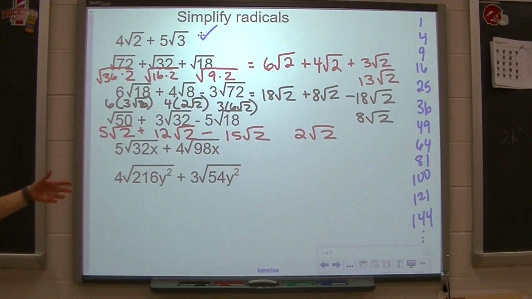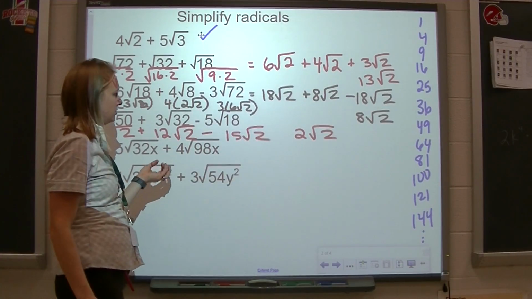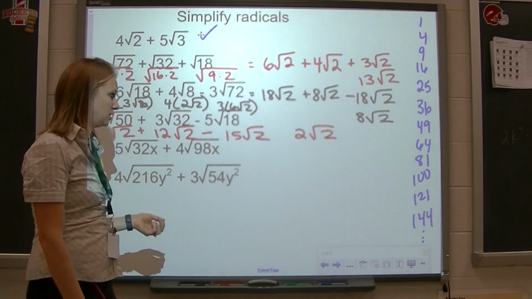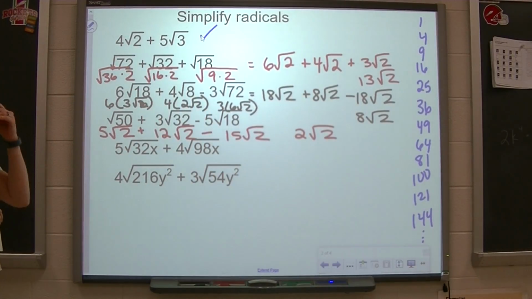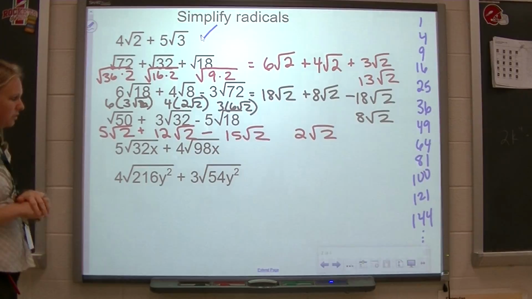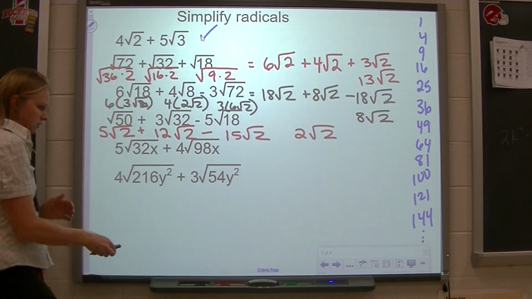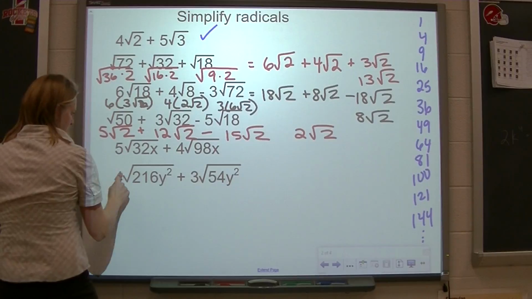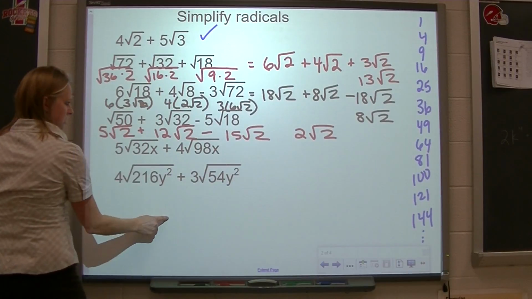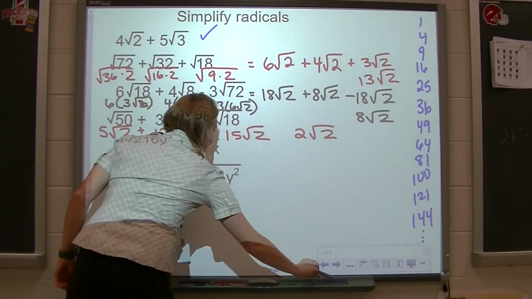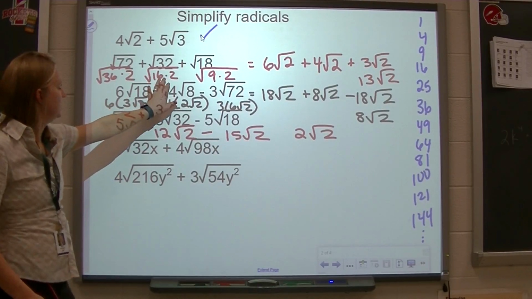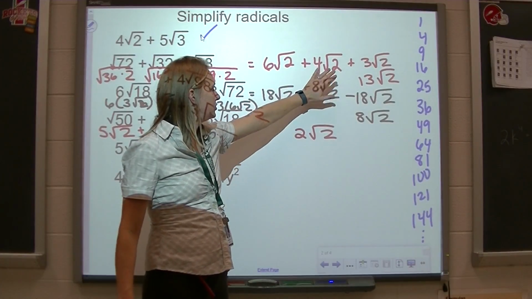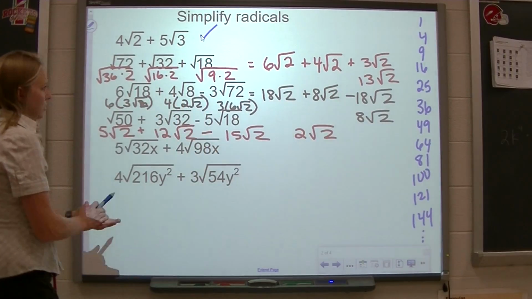This next one won't always break down to the square root of 2. It just so happened with these problems I chose that it does. So this one is 5 square root of 32x plus 4 square root of 98x. Same thing, we're going to have to break that down like we have all of the others. I know the square root of 32 gets broken into 4 square root of 2.